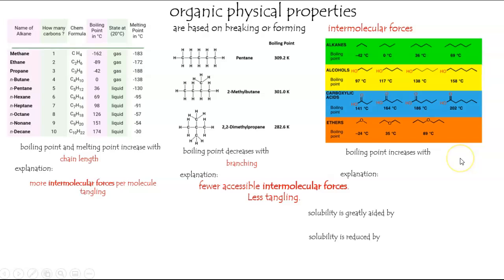Without going into hydrogen bonding in complete detail, if you have an OH or an NH, well then hydrogen bonding with itself or with water is possible. And in this case, we're talking about it with itself. So it's hard to break these bonds because they can hydrogen bond with each other. Therefore, boiling point does increase with the functional group polarity, especially if it can hydrogen bond. You have stronger intermolecular forces.